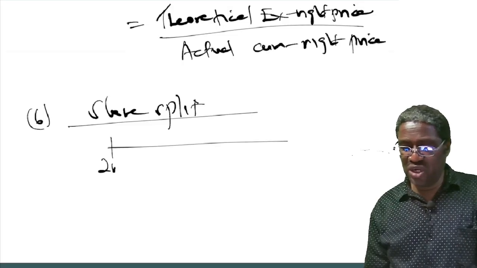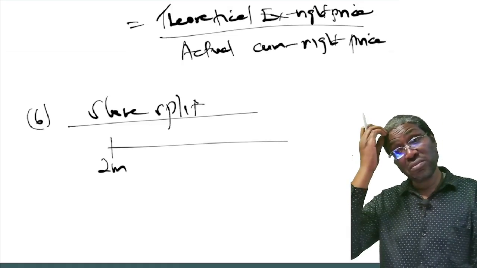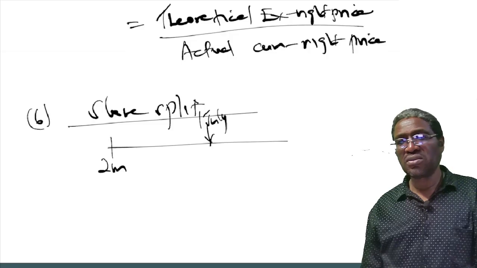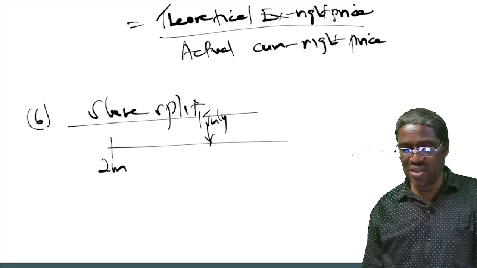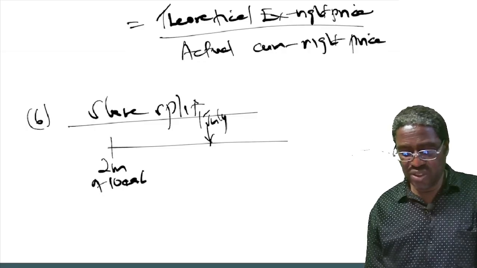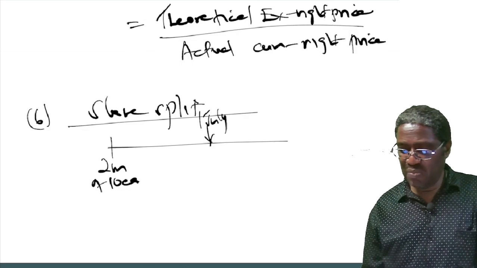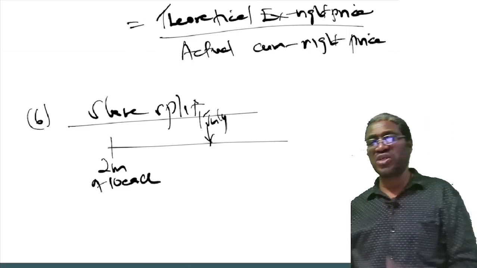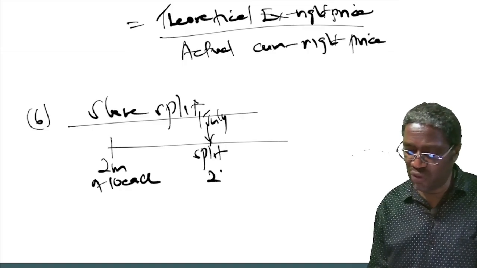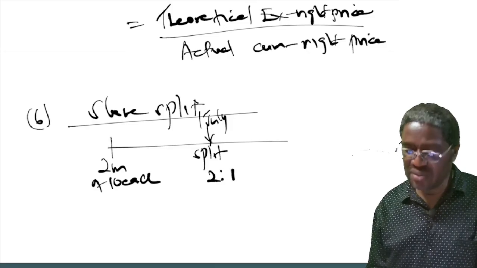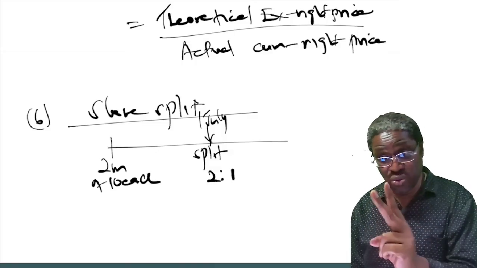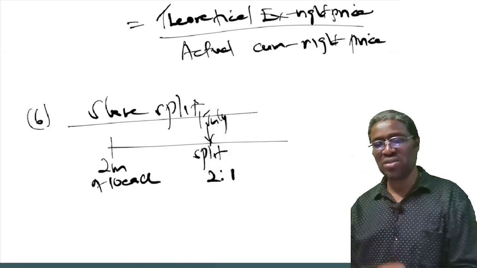We began the year with 2 million shares of shillings 10 each. On 1st July, we did a share split in the ratio of 2 shares for every one.